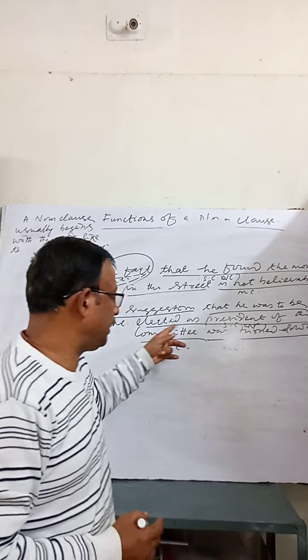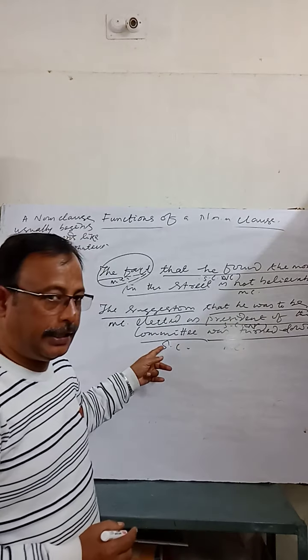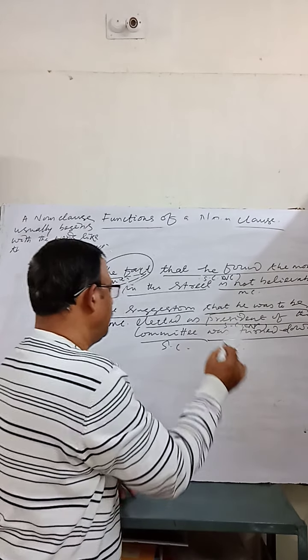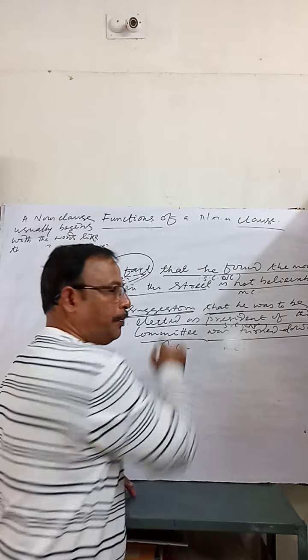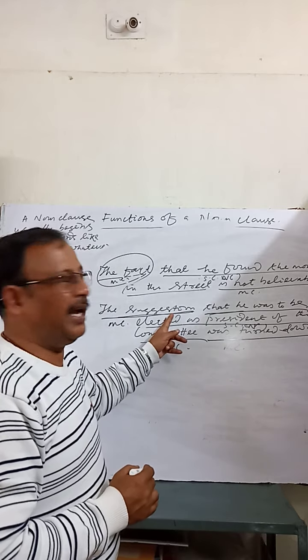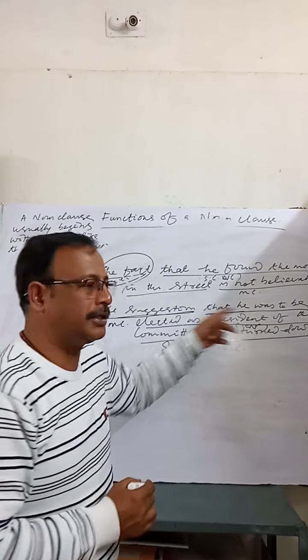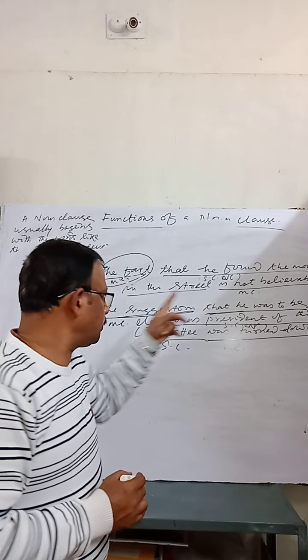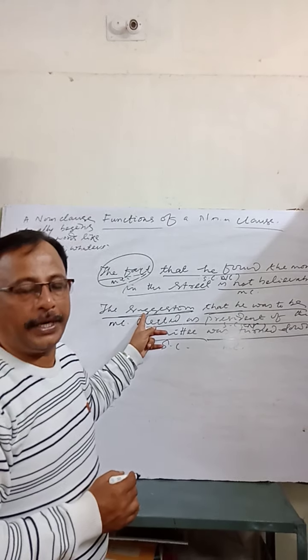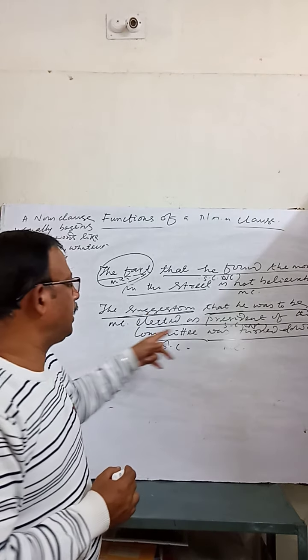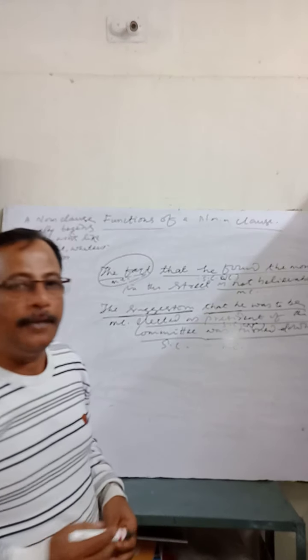This was the suggestion. So this noun clause is used after this noun phrase, which it actually defines. It means this noun clause explains this noun phrase, the suggestion. Which suggestion? That he was to be elected as president of the committee.